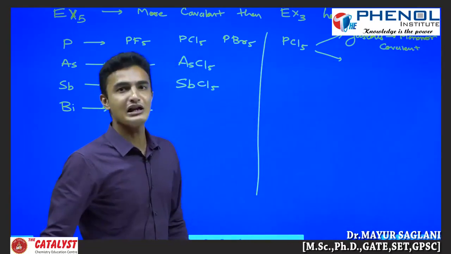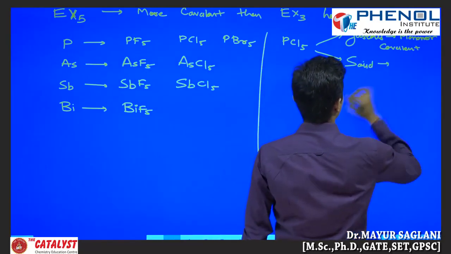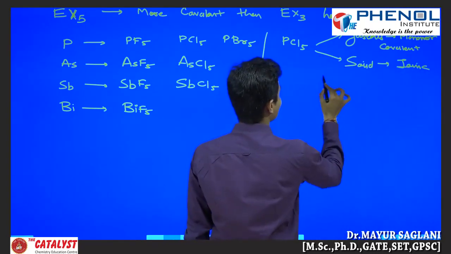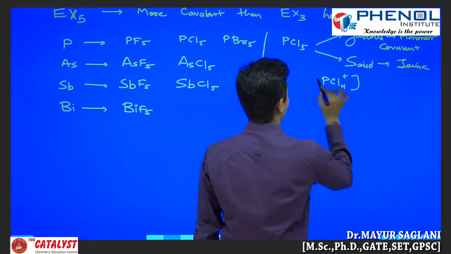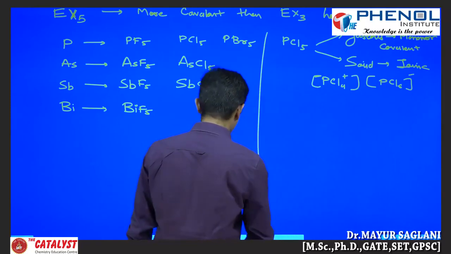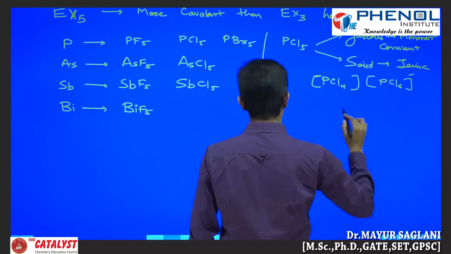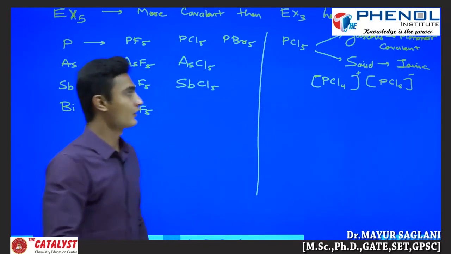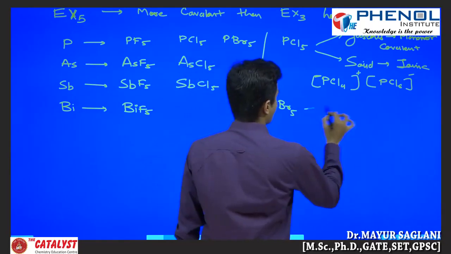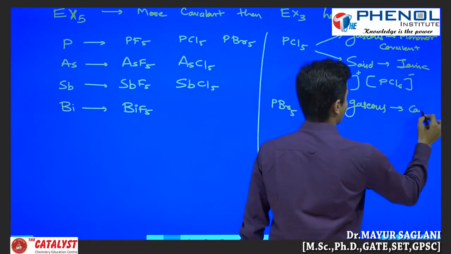But if you see PCl5 in the solid state, then it is in the ionic form and exists as PCl4 plus and PCl6 minus.